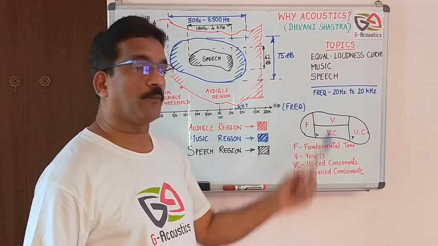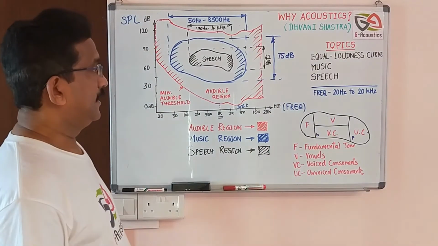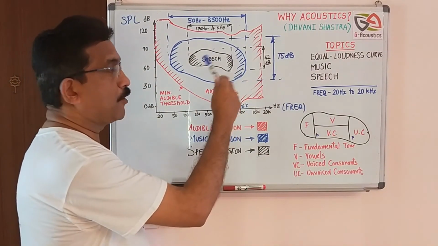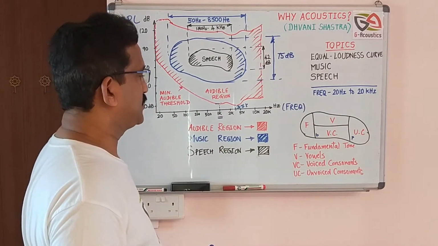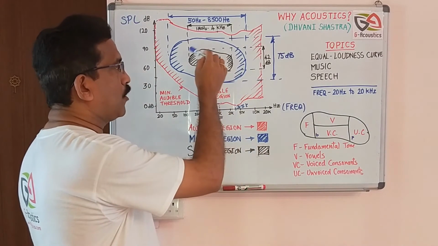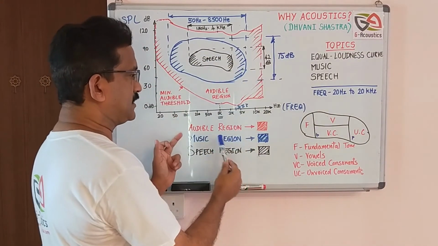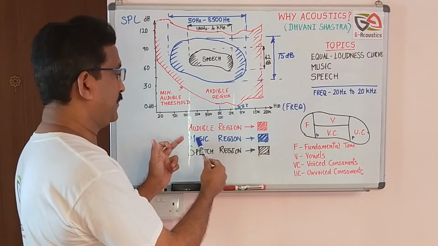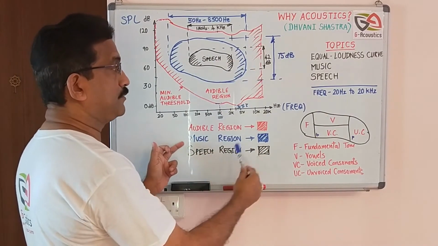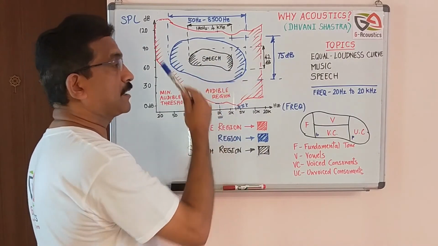Coming to the third topic, speech, which is an extension of music. Again, it's a modification over the previous diagram which I have drawn. Here I have accommodated the speech region. You can see the red portion is the audible region, blue is the music region, and the speech region is marked by black.